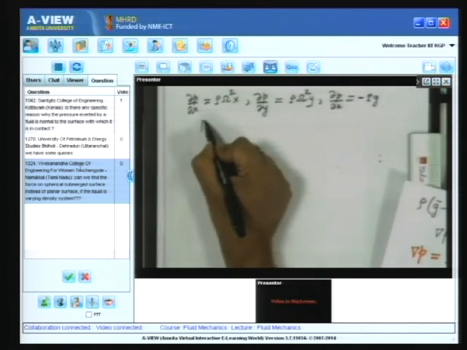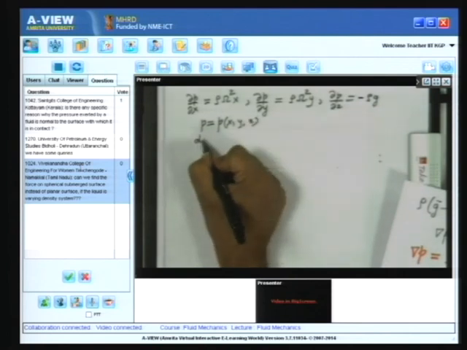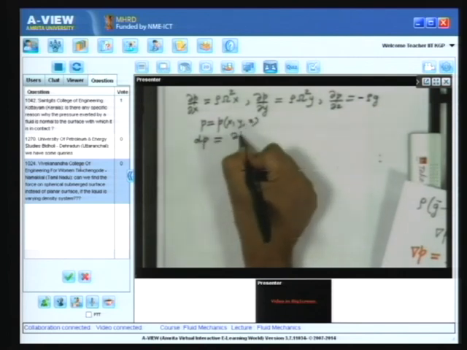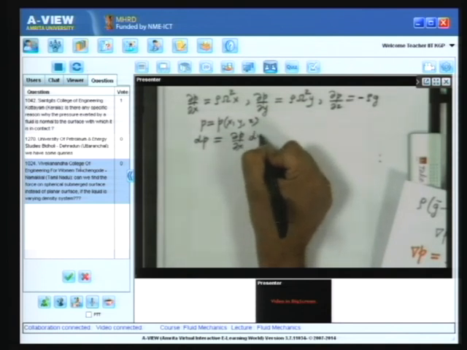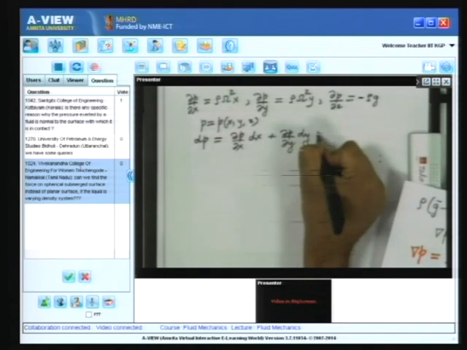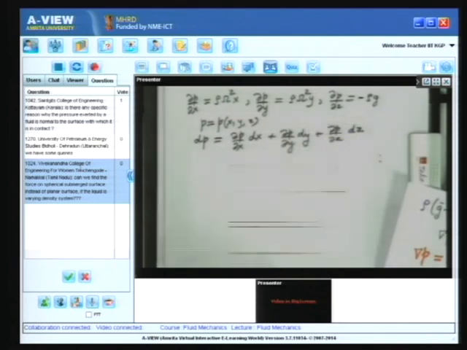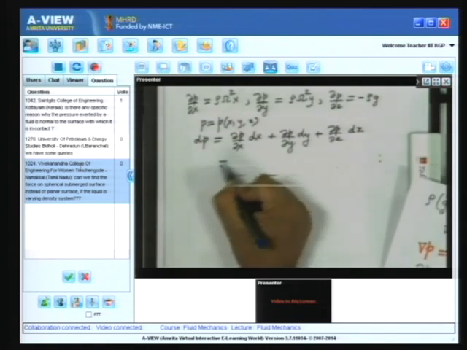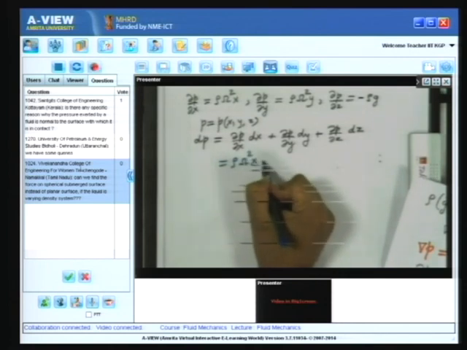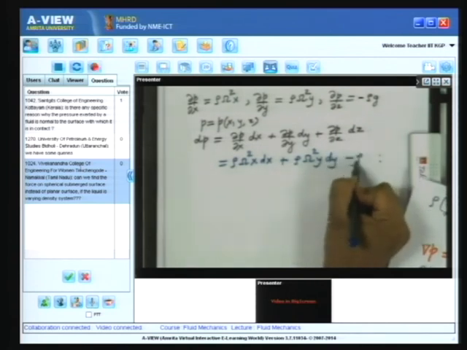Now, if p is a function of x, y and z, then you know from your calculus that dp is ∂p/∂x dx plus ∂p/∂y dy plus ∂p/∂z dz. Now, this I can write as rho omega squared x dx plus rho omega squared y dy minus rho g dz.